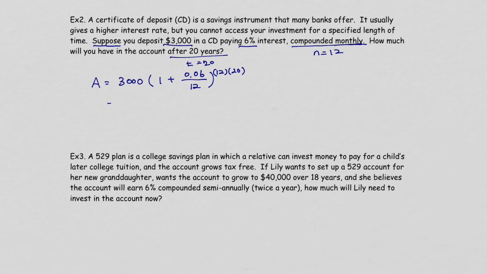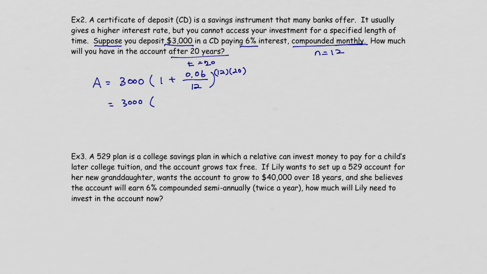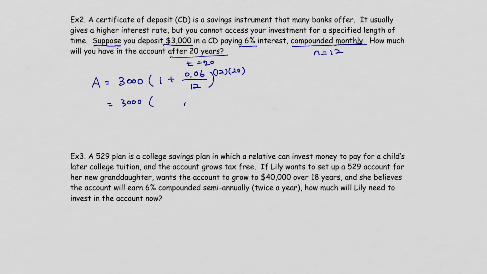So you do the same thing. If it's not a graphing calculator, you need to start from inside out. So you're going to do 0.06 divided by 12 and then plus 1. So when you do 0.06 divided by 12, you get 0.005, plus 1.